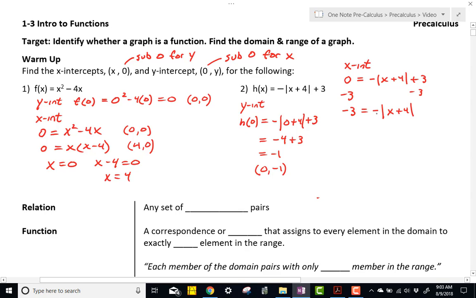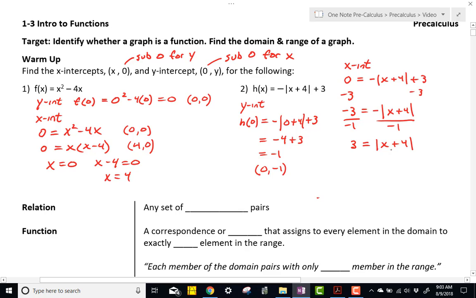We need to get rid of the negative over here, and technically that's a negative 1, so we're going to divide both sides by negative 1. And we're going to end up with positive 3 equals the absolute value of x plus 4. So when you solve absolute value, there can be two solutions just like a parabola.